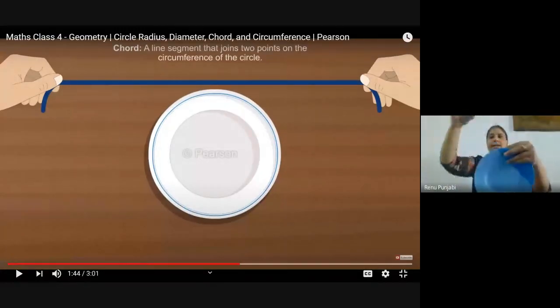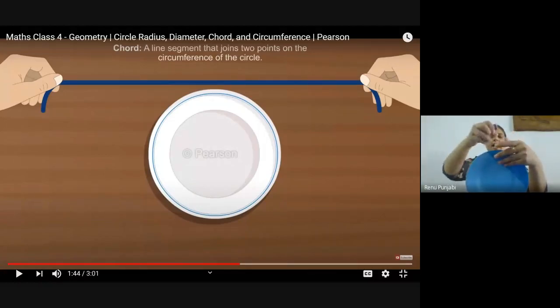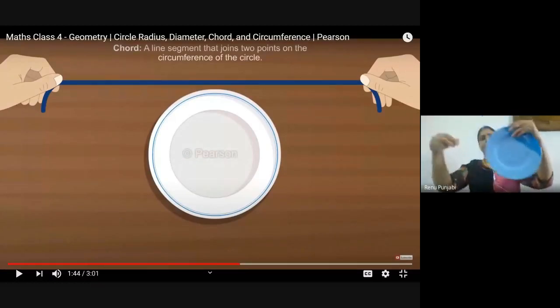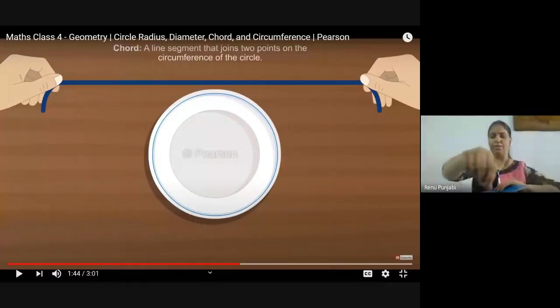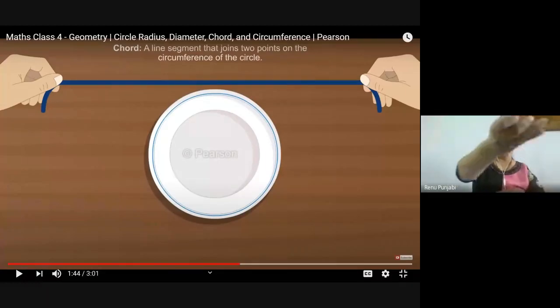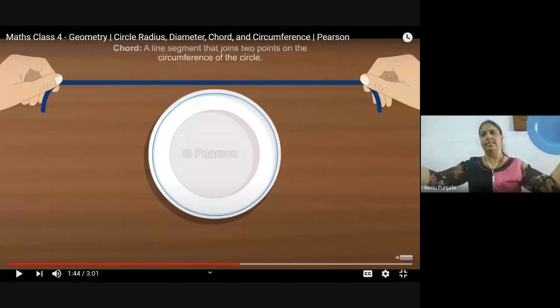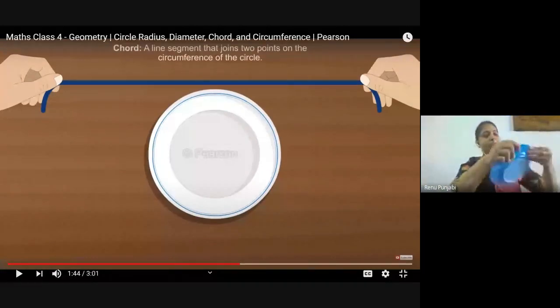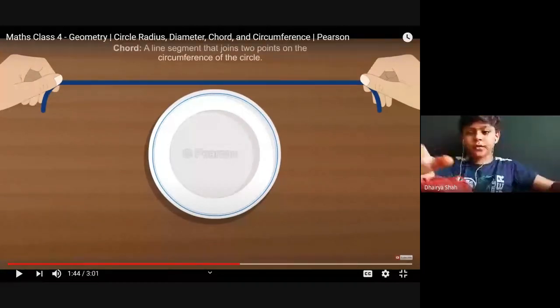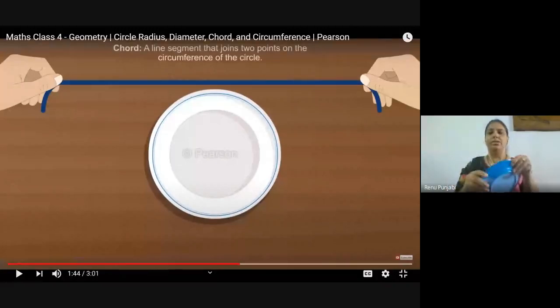Hold the thread at the one end and bring it round, complete round it properly and come to the other end. Just see how I am doing.